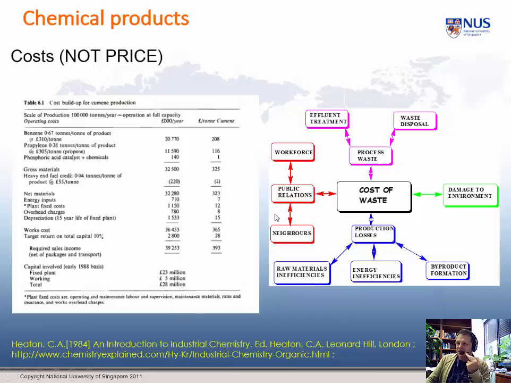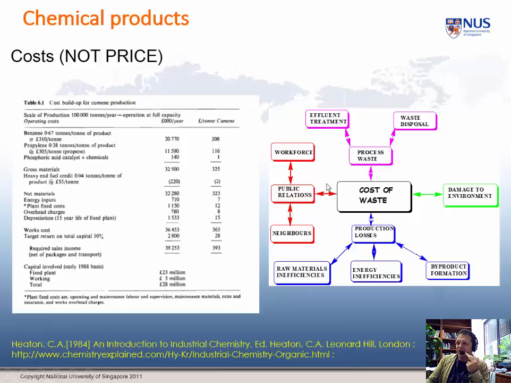So this is, if you like, an amplification of what that 15% means, because the cost of waste is fourfold. There's damage to the environment that you have to put right. There's production losses, which is a direct cost. There's process waste, which you then have to treat, which is more cost.